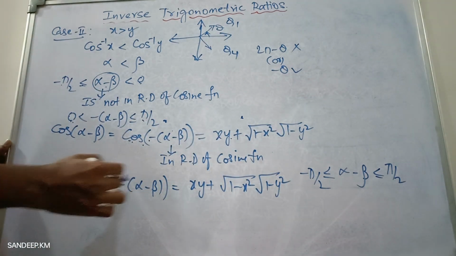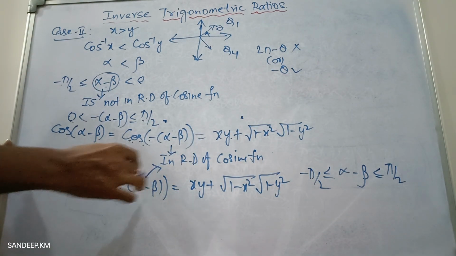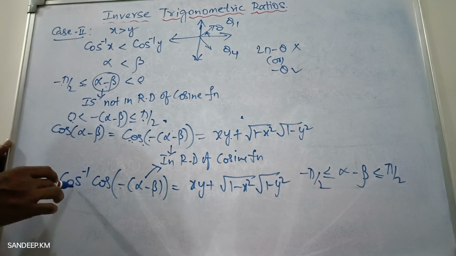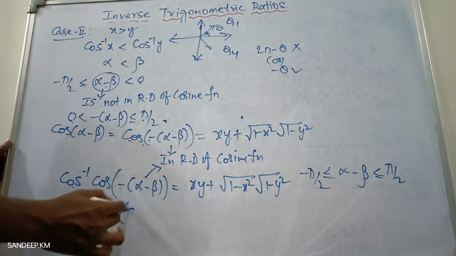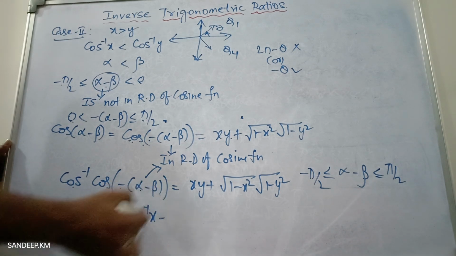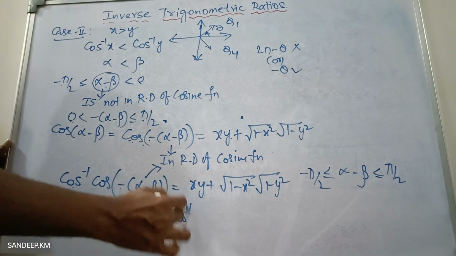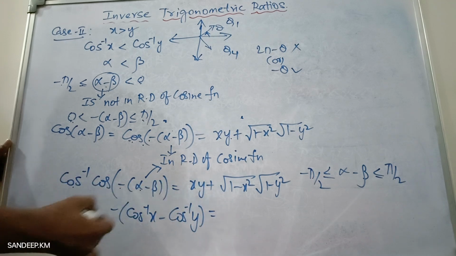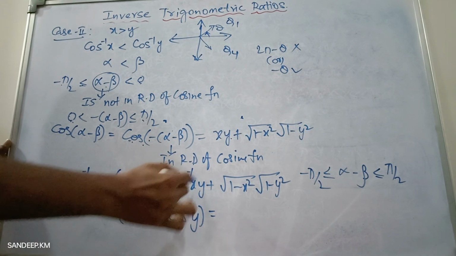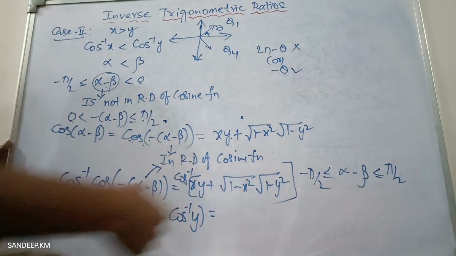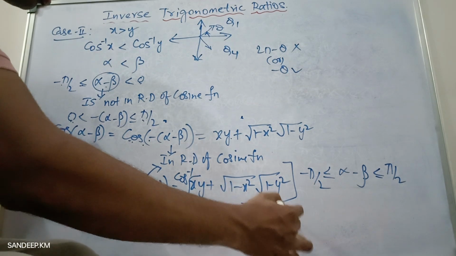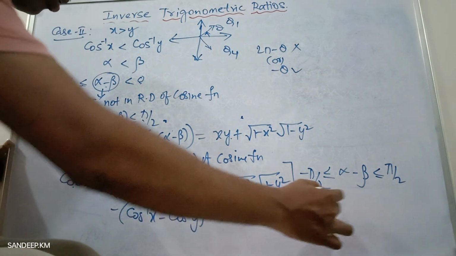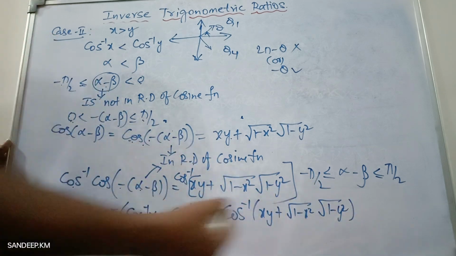And since negative of alpha minus beta is in the restricted domain, we can say that cos inverse and cos can be ignored. We will get minus of alpha, which is cos inverse x, minus beta, which is cos inverse y, which is equal to, I forgot to mention cos inverse here, yes, cos inverse of xy plus root of 1 minus x square into root of 1 minus y square.